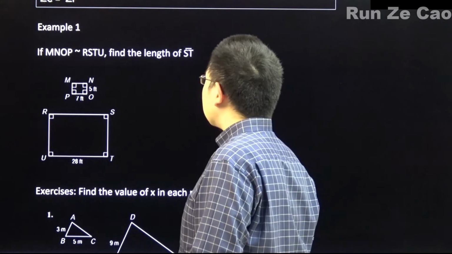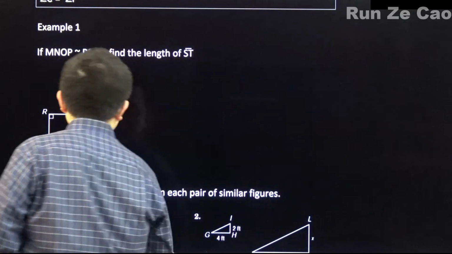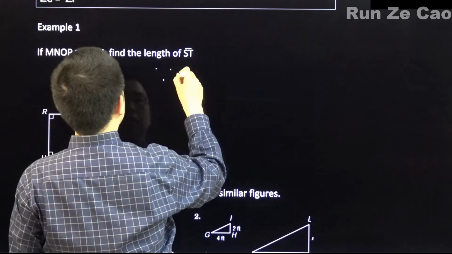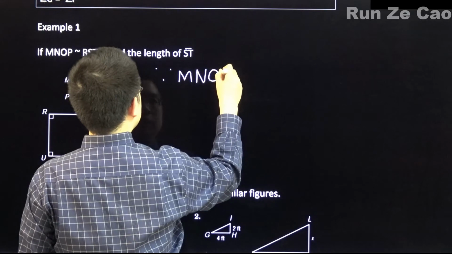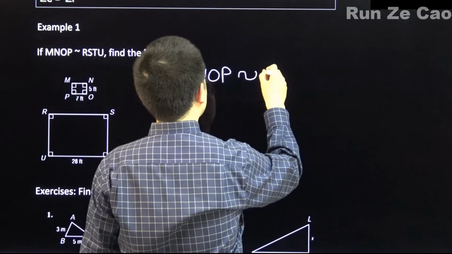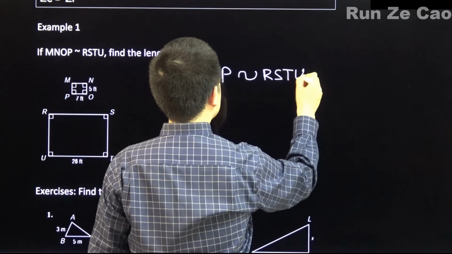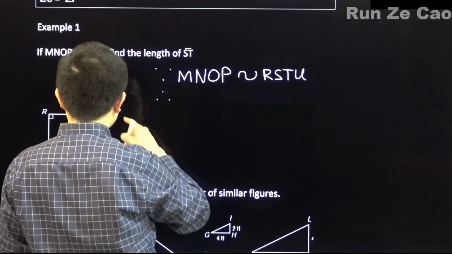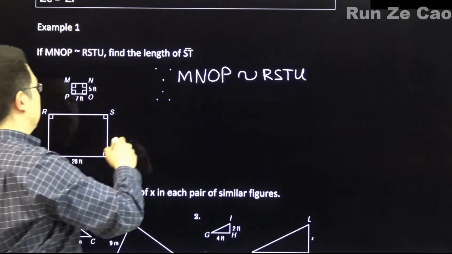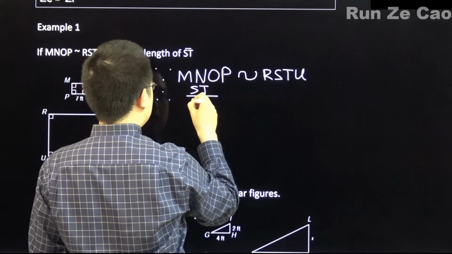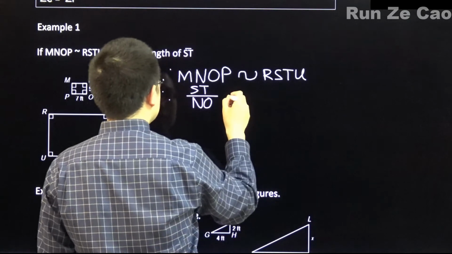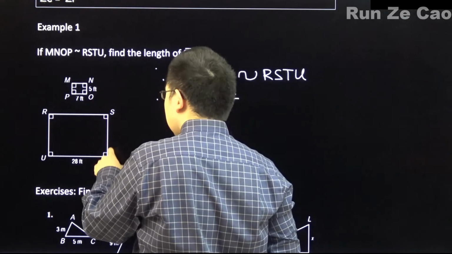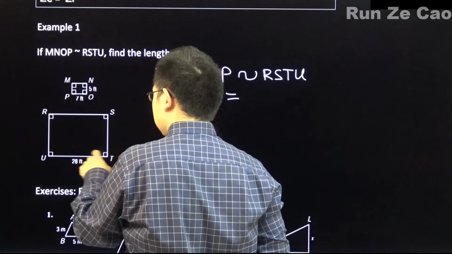That means that the ratio of ST, because MNOP is similar to RSTU, therefore ST over NO is equal to, I'm looking at the corresponding sides, ST corresponds to NO, so OP must correspond to TU.